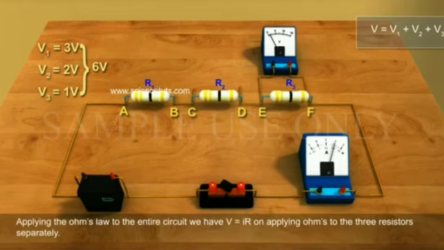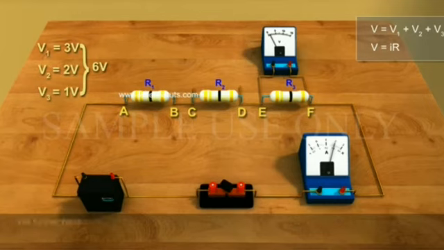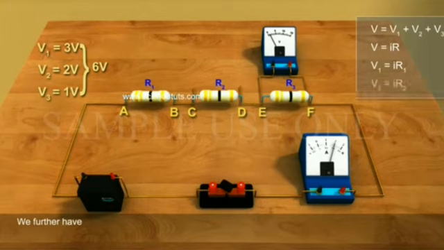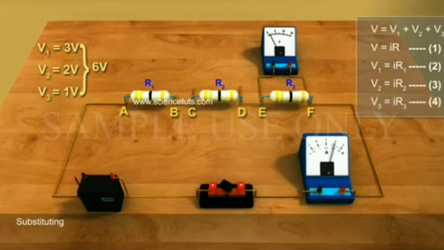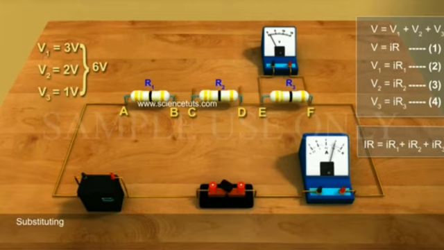Applying the Ohm's law to the entire circuit, we have V is equal to IR. On applying Ohm's law to the three resistors separately, we will have V1 is equal to IR1, V2 is equal to IR2, V3 is equal to IR3. Now, substituting the values, we will get V is equal to V1 plus V2 plus V3, that is IR is equal to IR1 plus IR2 plus IR3.